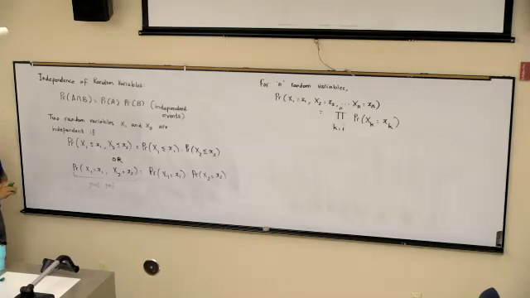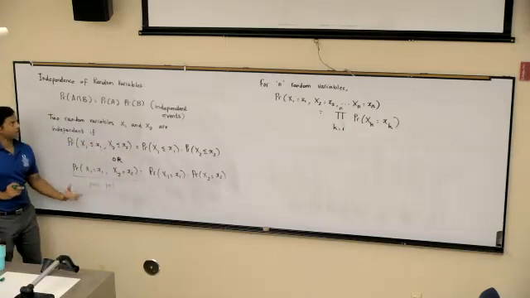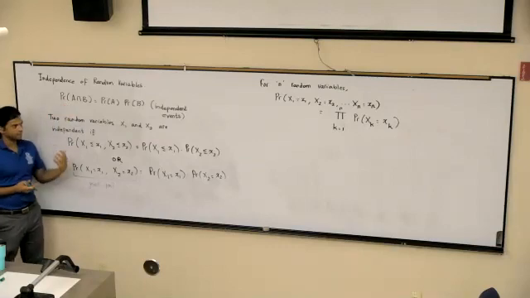Good, so that is the joint PMF. Joint PMF is the same as joint probability, A intersect B. You might have had it as joint probability, so this and that are one and the same.